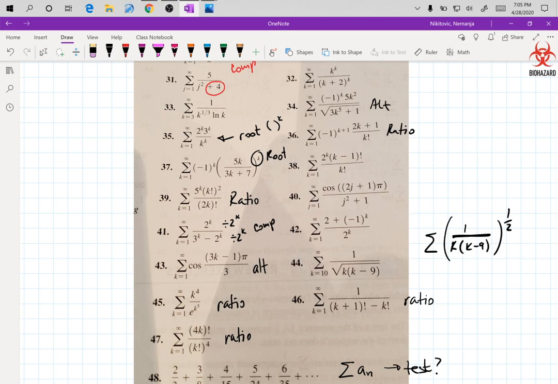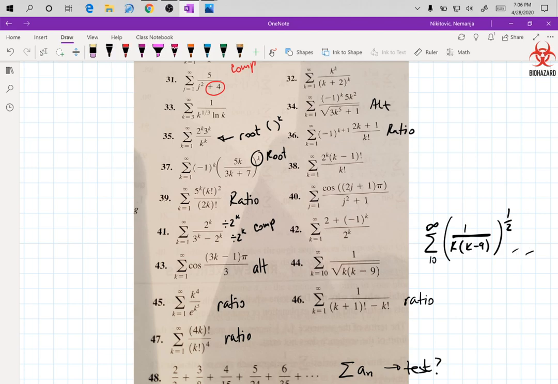Well, this one is interesting. Yeah, I'm blanking out now. Oh my, is this a U substitution? This could be a U sub integral test.